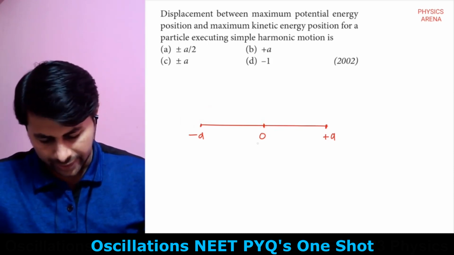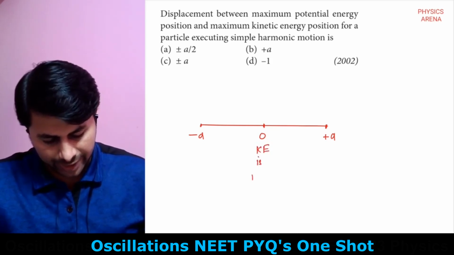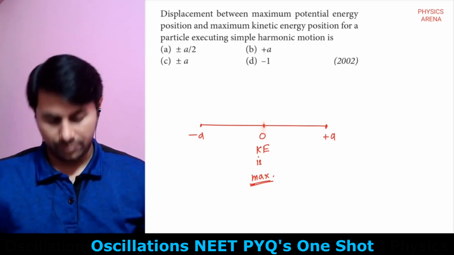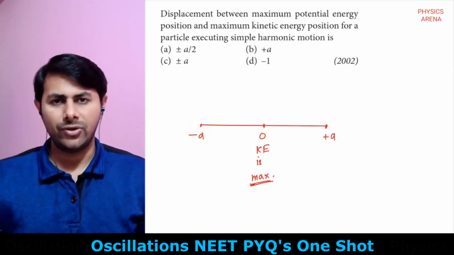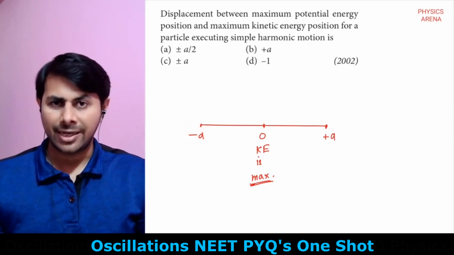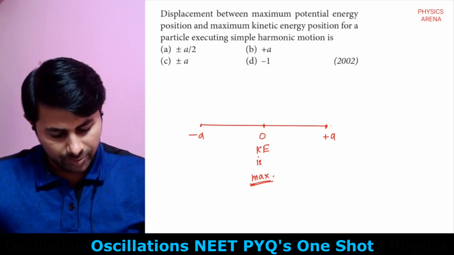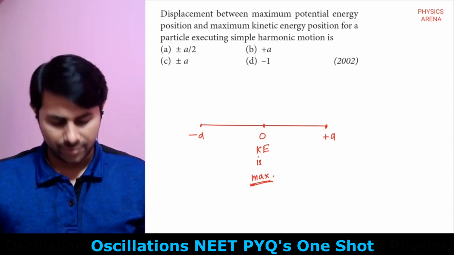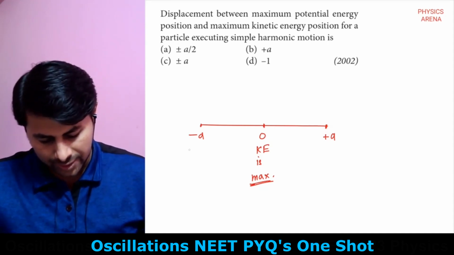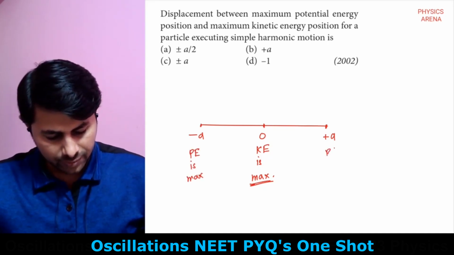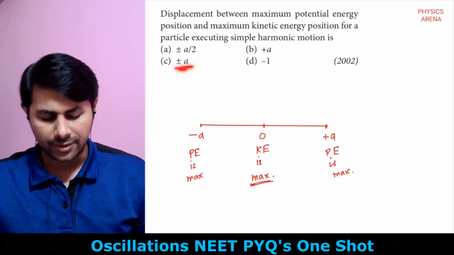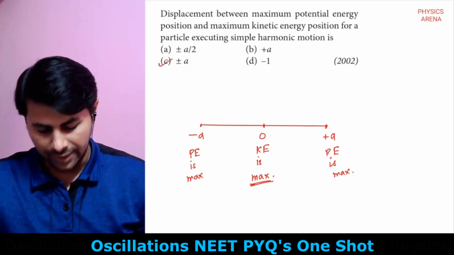At 0, kinetic energy is maximum. So if you subtract this position from minus a, what do you get? Minus a minus 0 is minus a. And if you subtract it from plus a, then you will get plus a. So these are the two positions where potential energy is maximum. That's why it is plus minus a, right?